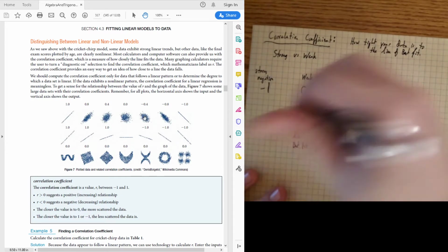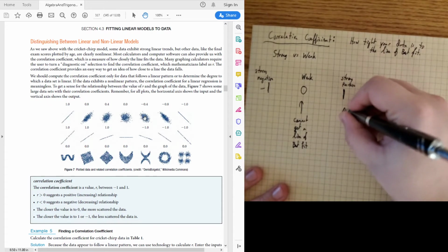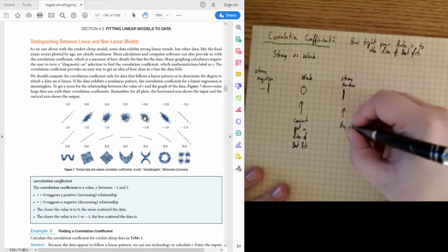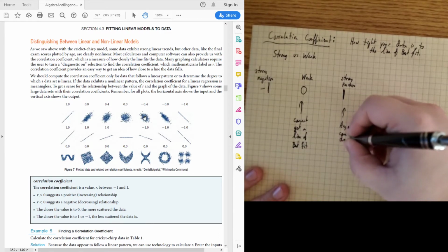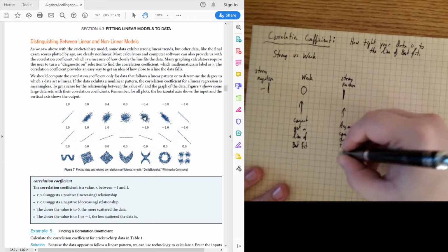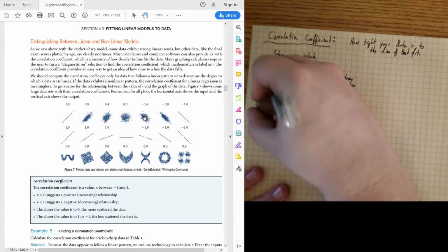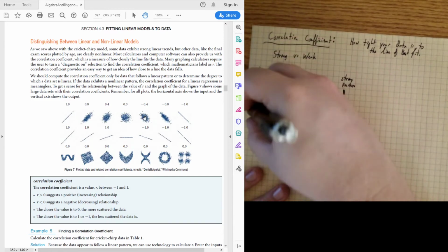Now, if anyone could do it, then it means it's strong, either positive or negative.